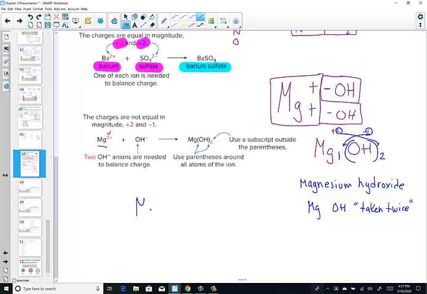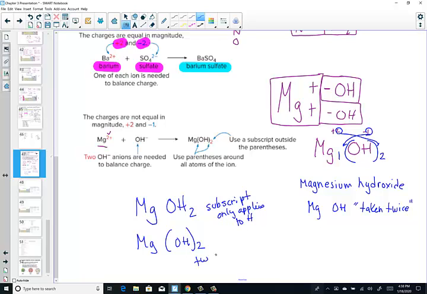Now let's kind of emphasize why that's important. What's the difference between MgOH2 and MgOH taken twice? If I forget the parenthesis, the subscript 2 only communicates to the hydrogen. I want to take 2 groups of hydroxide, and that's the importance of the parenthesis.